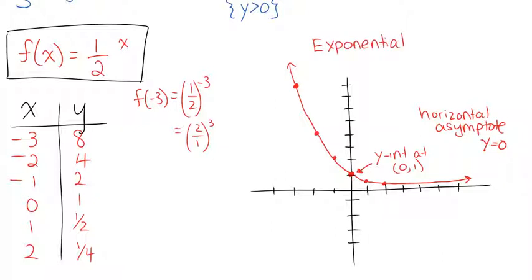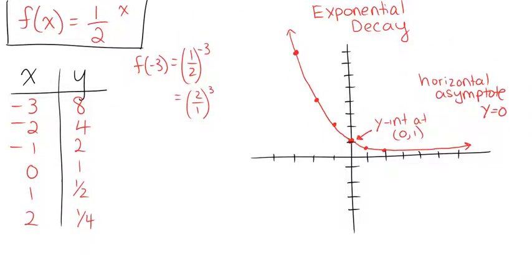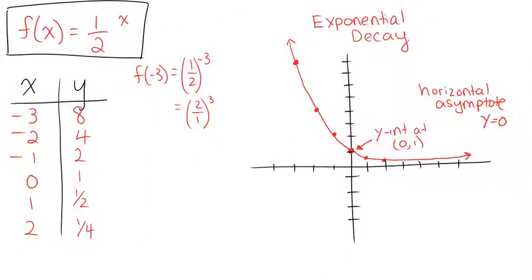Again, in science, certain radioactive isotopes would follow this function's pattern, where they decay over time. Things like half-life, if you've heard of that, would follow this pattern. The domain and range will be the exact same for this one as for the other one.